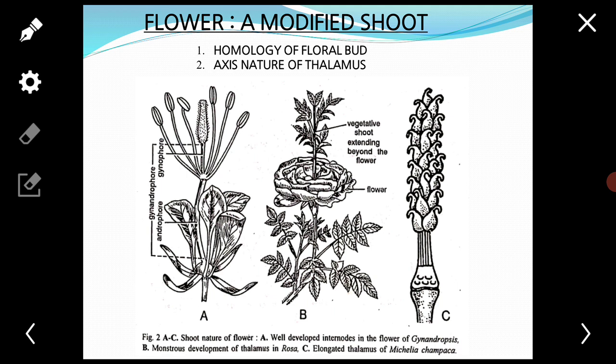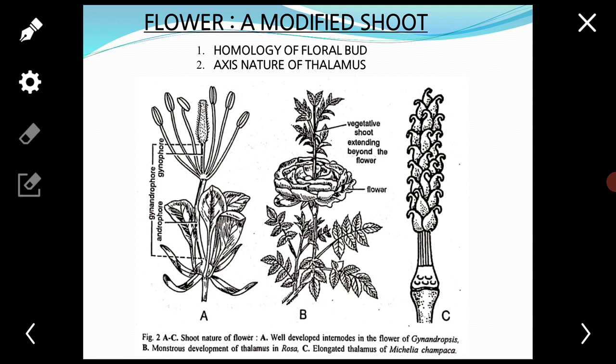Sterile means sepals, petals. Fertile means stamens and carpels. From this primitive type of flower, all angiosperm flowers are considered to have evolved by modification or the reduction of various components.